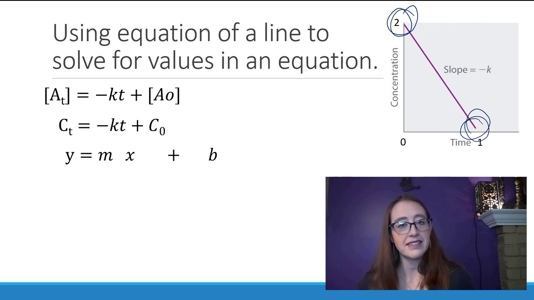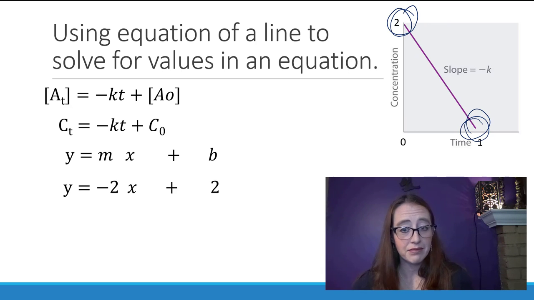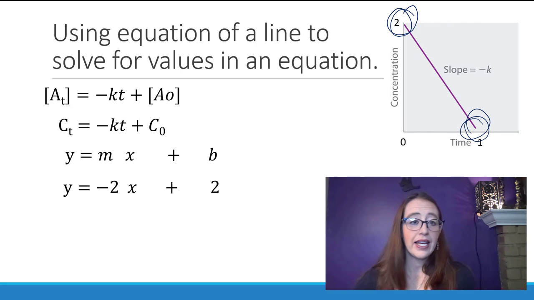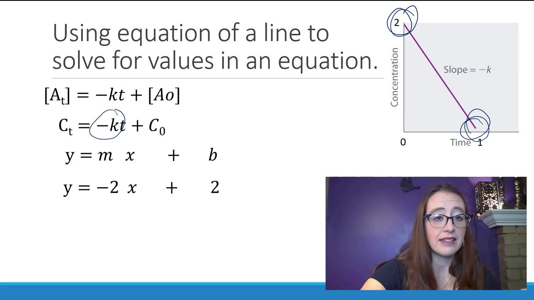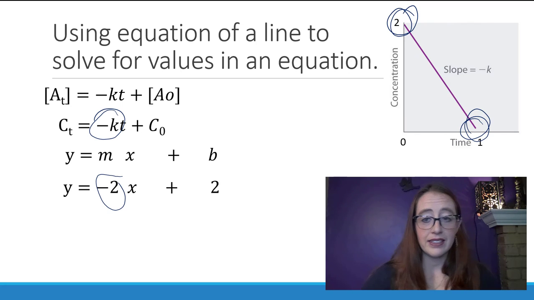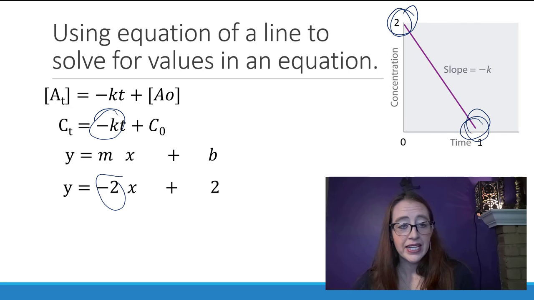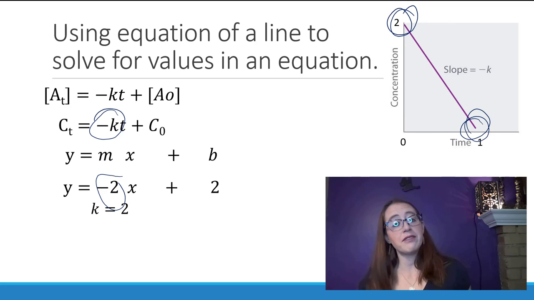And so our rise is going to be negative 2. Our run is going to be 1. This gives us the same equation we had last time. But now we can compare and we can see that this negative KT is equal to negative 2. And that means that our K is equal to 2. And that's a meaningful value in this case.